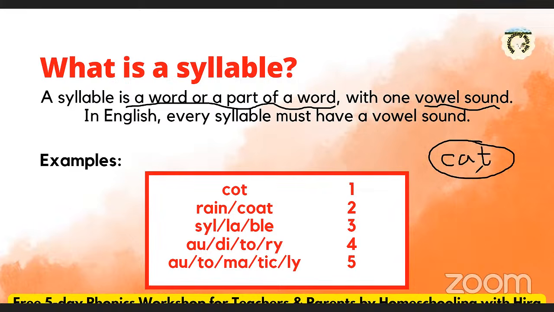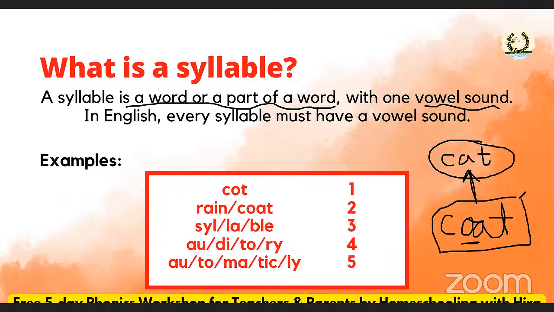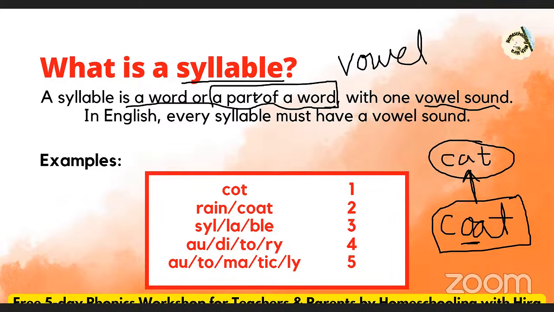Cat is a word, but it has only one syllable because it has only one vowel sound. Even oat, coat, is also a single syllable word because it has only one vowel sound. So syllables are the vowel sounds in a word, or the smallest part of a word that has a vowel sound in it.